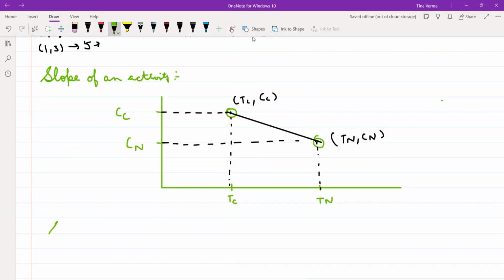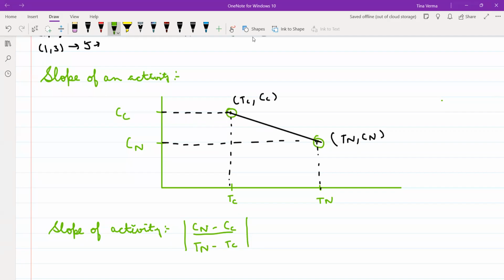So how do you find the slope of activity? Slope of activity will be the magnitude of y2 minus y1 and x2 minus x1. So that is Cn minus Cc divided by Tn minus Tc. Is it clear? Yes or no?